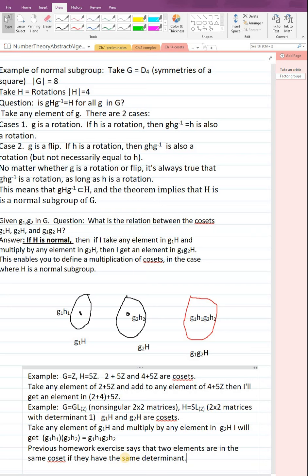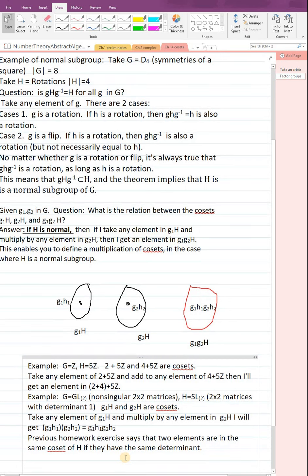So let's consider the determinant of this.